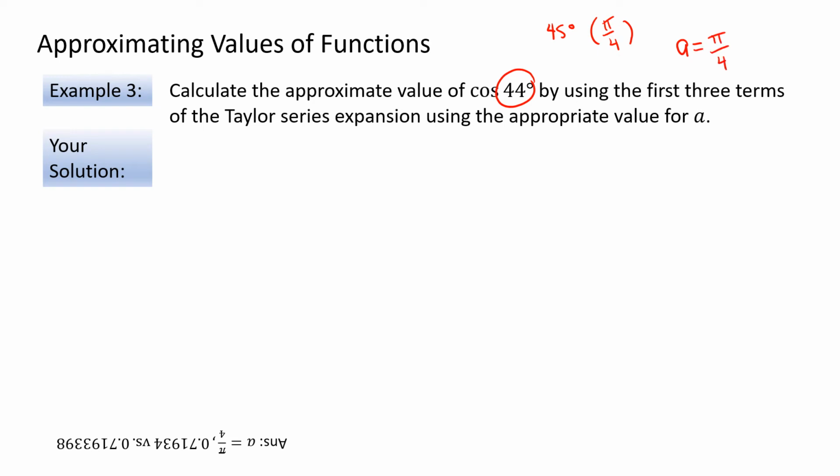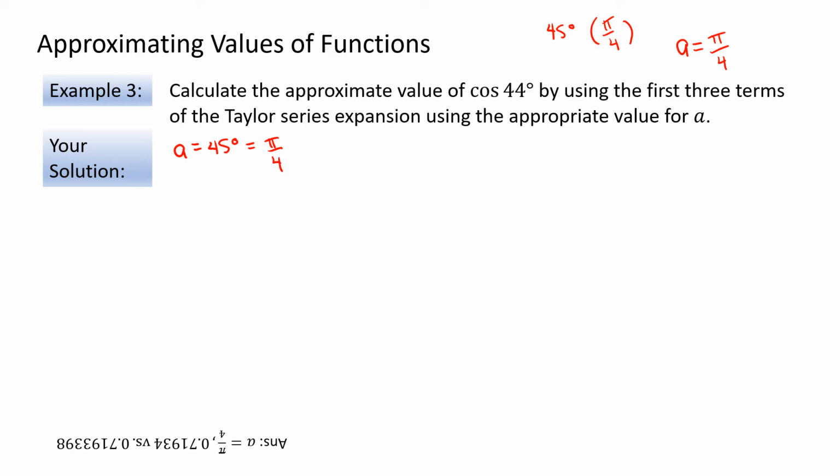Okay, remember, for all of these, it has to be in radians. So when I provide you with an angle in degrees, you have to convert it to radians. So we know that pi by 4 is 45 degrees. We'll start by writing A is equal to 45 degrees, which is pi by 4.